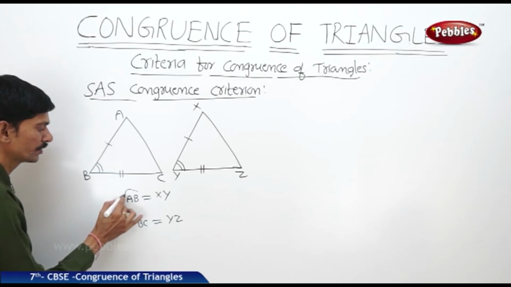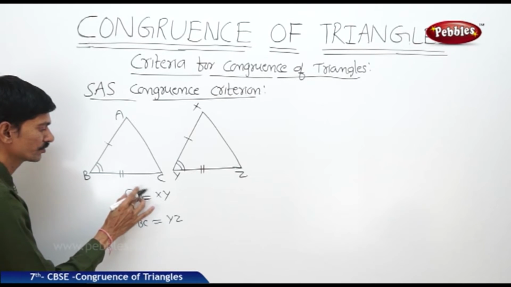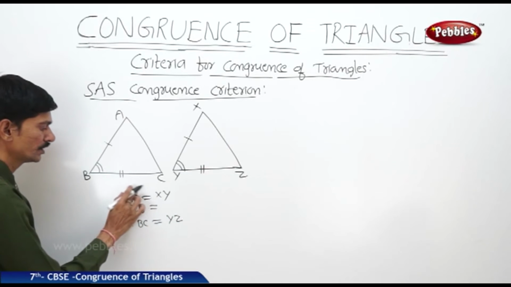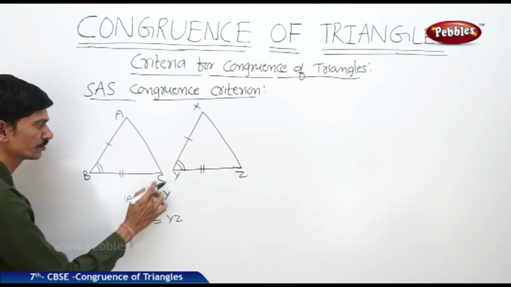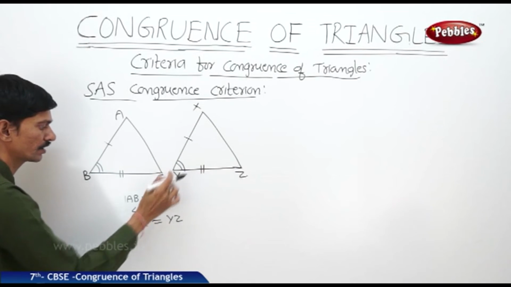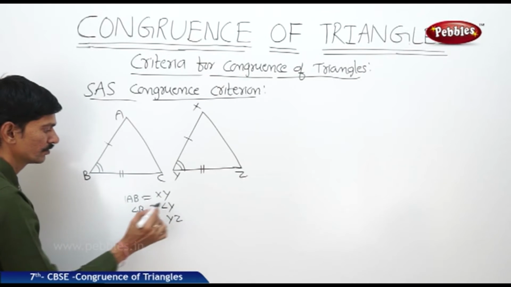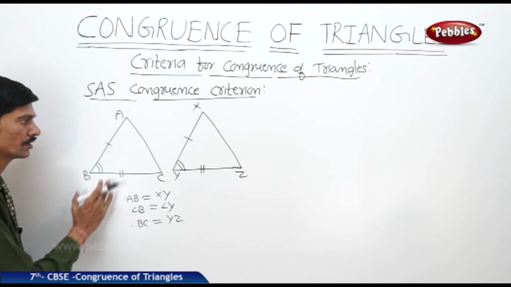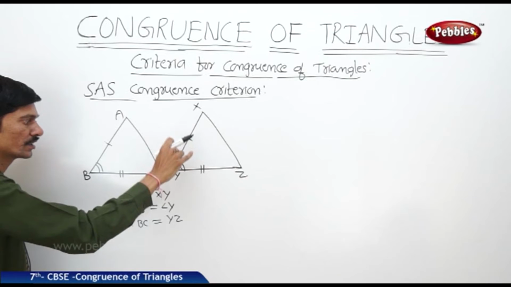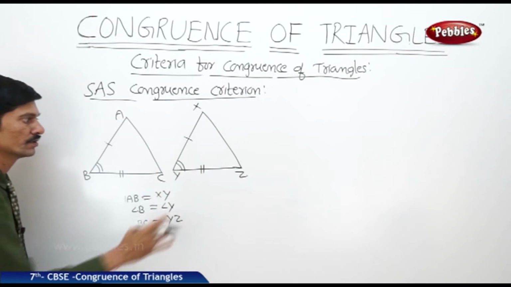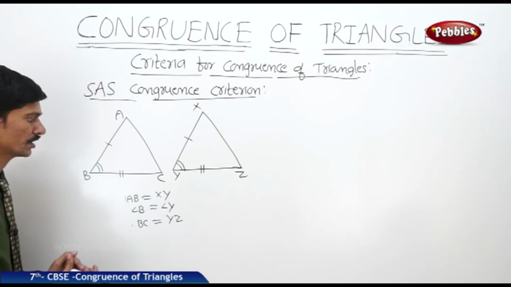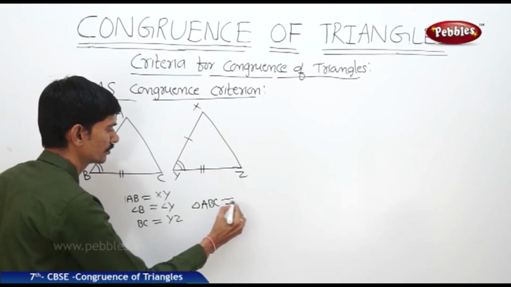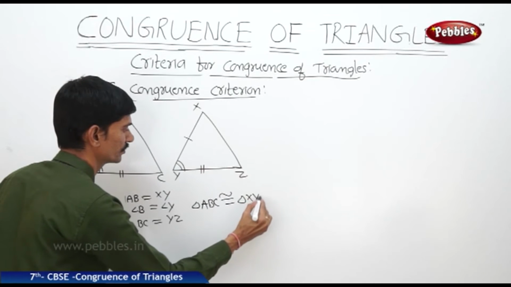Then the angle included between these two sides AB and BC, that is angle B, equals the angle included between XY and YZ, that is angle Y. So the two triangles are said to be congruent triangles. So here we can write that triangle ABC is congruent to triangle XYZ.